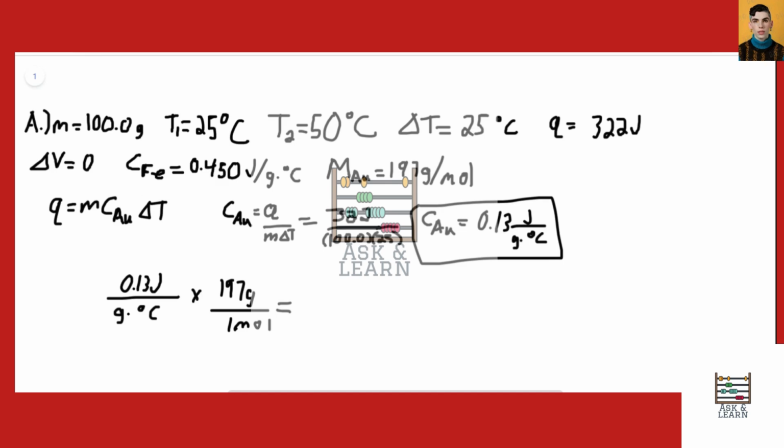That's going to equal 0.13 times 197, which is 25.61 joules per mole times degrees Celsius. That's going to be the molar heat capacity of our gold.